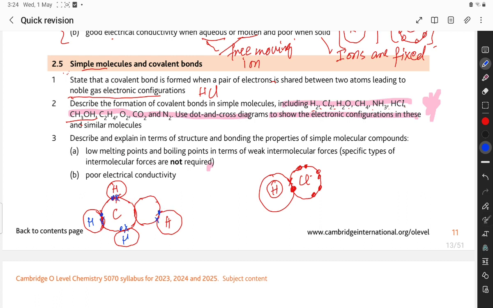We should follow the examiner's mark scheme pattern. So this is oxygen and two lone pairs over here. So it is like this.